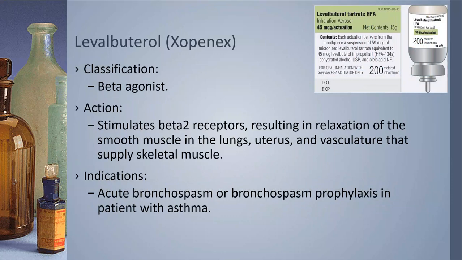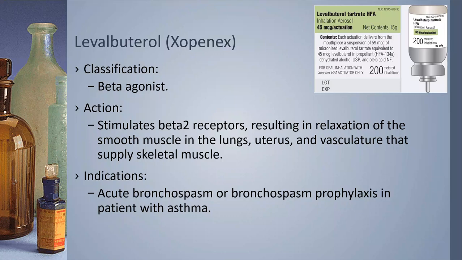Moving on to levalbuterol or Xopenex. Remember, we talked about Xopenex being the purified form of albuterol. It is true, it's a beta agonist, which results in stimulation of the beta 2 receptors, and it will cause smooth muscle relaxation, not just in the lungs, but anywhere else that you would have smooth muscle.